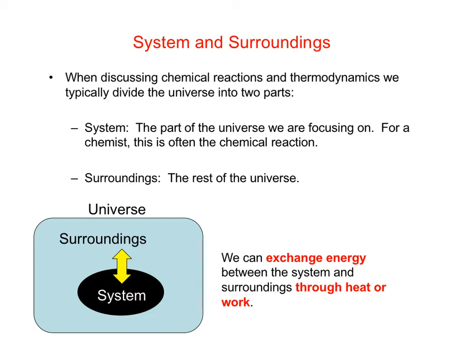So if we can determine what happens in the surroundings, then we know the opposite must have happened in the system. For example, if we find that the surroundings absorbed 50 kilojoules of energy, then those 50 kilojoules must have been lost by the system, and the system is our chemical reaction generally.